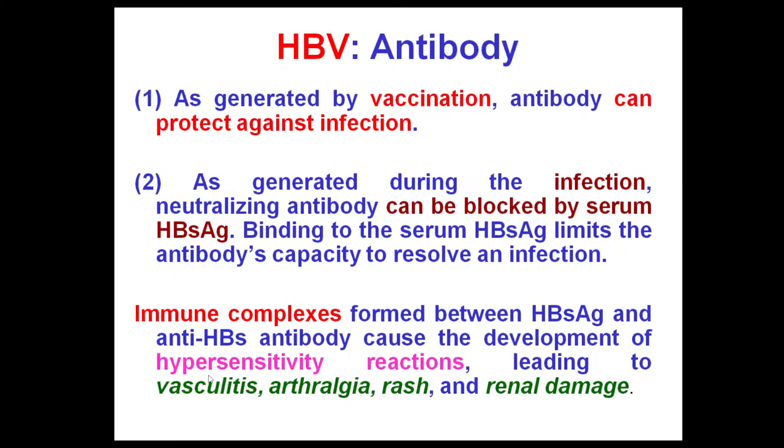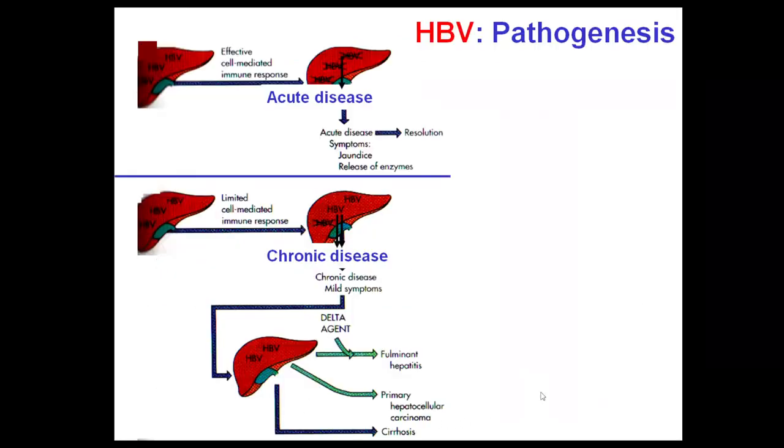But the bad thing about the anti-HBs antigen antibodies is that immune complexes can be formed, and they may cause hypersensitivity reactions of type 2 and 3 that may result in vasculitis, arthralgia, rash, and renal damage.